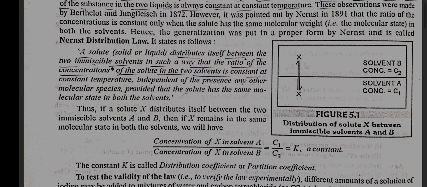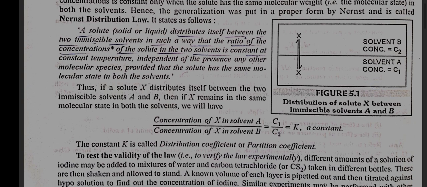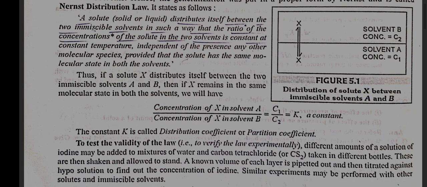Thus, if a solute X distributes itself between two immiscible solvents A and B, and X remains in the same molecular state in both the solvents, we will have concentration of X in solvent A divided by concentration of X in solvent B equal to C1 by C2 equal to K, a constant. The constant K is called the distribution coefficient or partition coefficient.